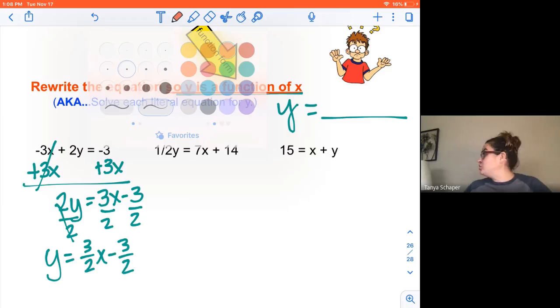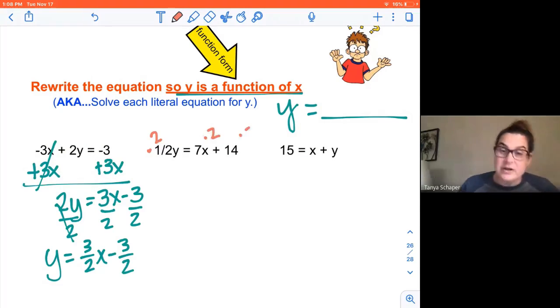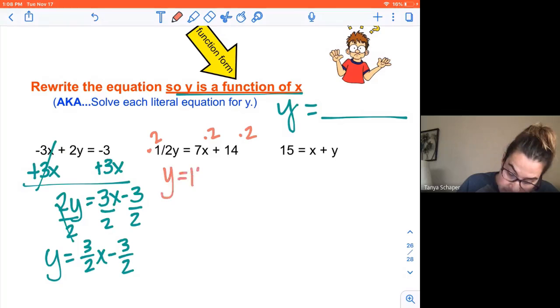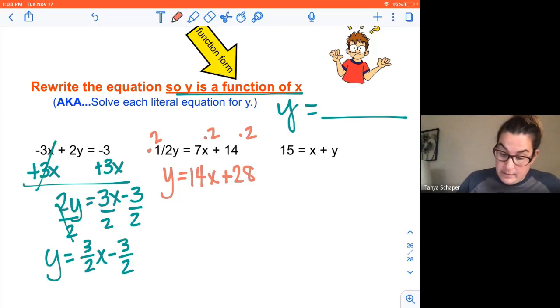We're going to undo that by multiplying every term by 2. So y equals 14x plus 28. That's it. We got y by itself. That's our goal.